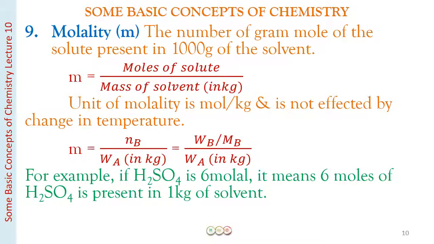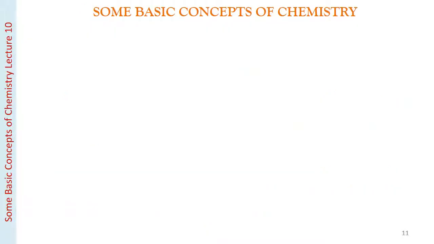For example, if we have H₂SO4 to be a 6 molal solution, this means that 6 moles of H₂SO4 are present in 1 kg of the solvent, and had it been 6 molar, it would mean 6 moles of H₂SO4 present in 1 liter of the solution.